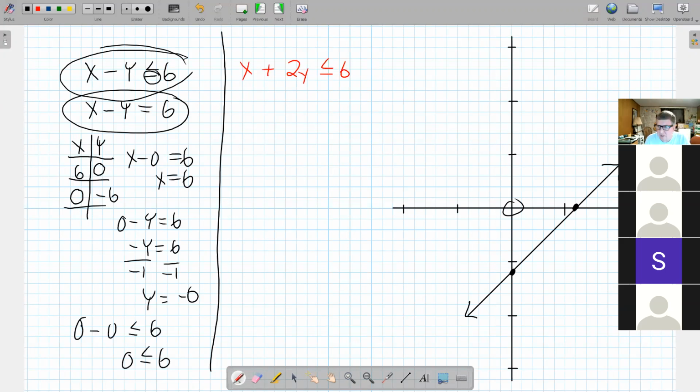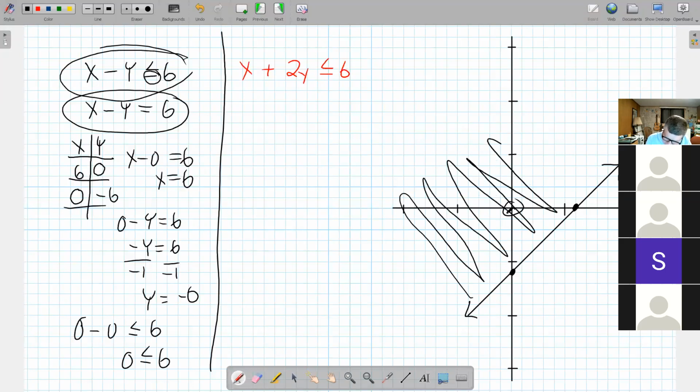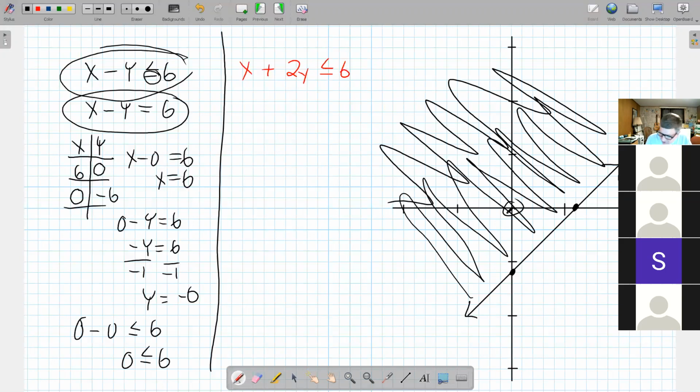Is 0 less than or equal to 6? Yes. So this point is good, which means the entire side is good. Okay? And if you're not convinced, pick a point over here, plug it in, you'll see that it doesn't work. For the sake of time, I'm not going to do that, but you could.